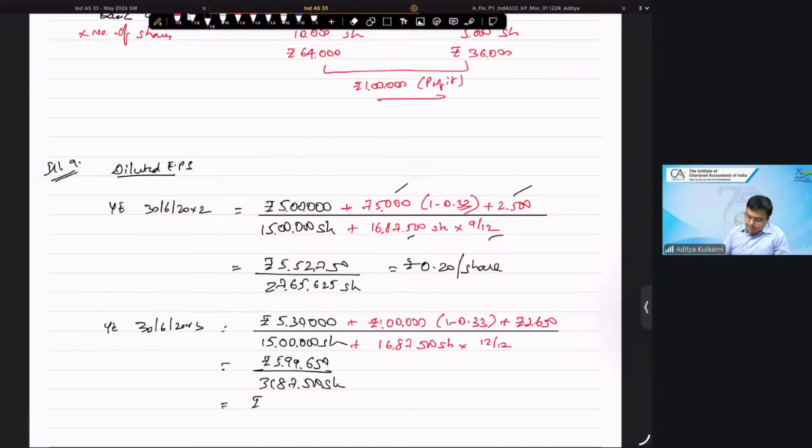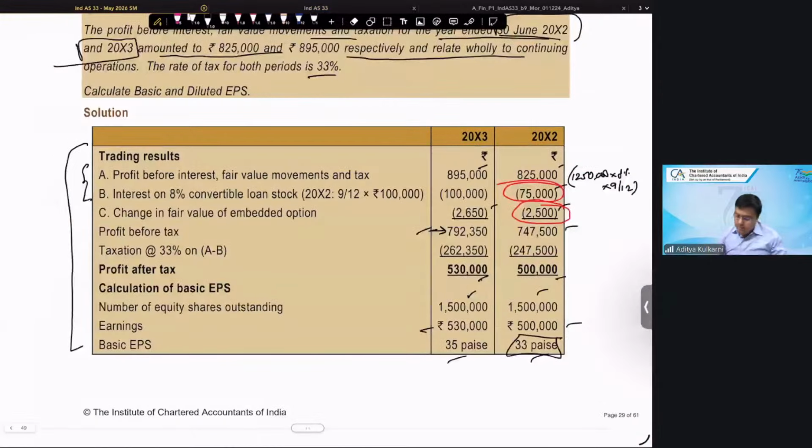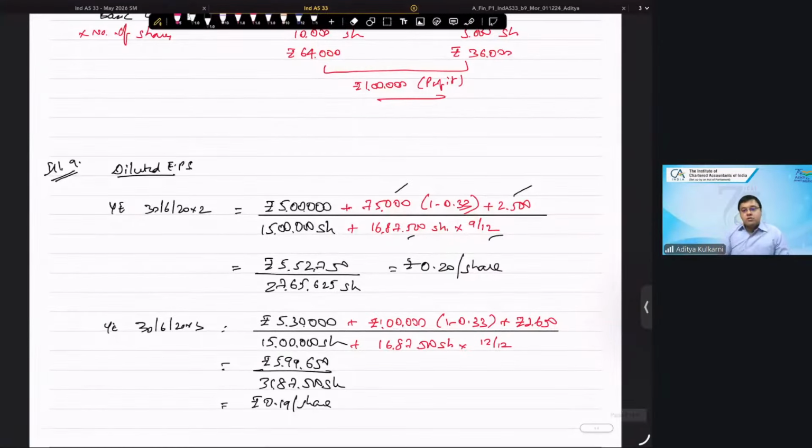And then when you compare with the original number, it was 35 paise. So 35 paise was basic, 0.19 per share is diluted. Diluted is less than the basic. So this will be your reported diluted number. Is it okay? Yes, sir.